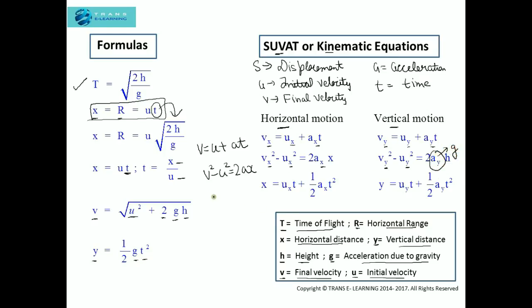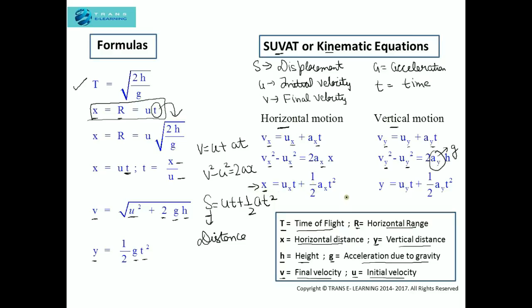And the third equation is s equals ut plus half at square. Here I have written s stands for distance. So when we are taking the horizontal distance, we will use x equals uxt plus half axt square.